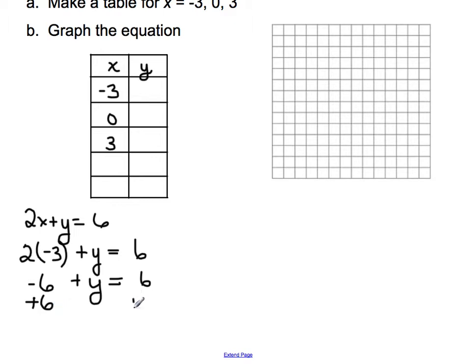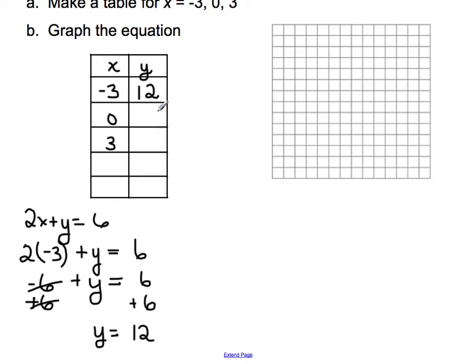Now remember, in grade 7, if I add 6 to one side, I must add 6 to the other. Now this zeroes out, and I get 12 here. So when x is equal to -3, my y has to equal 12, otherwise my equation doesn't make sense.